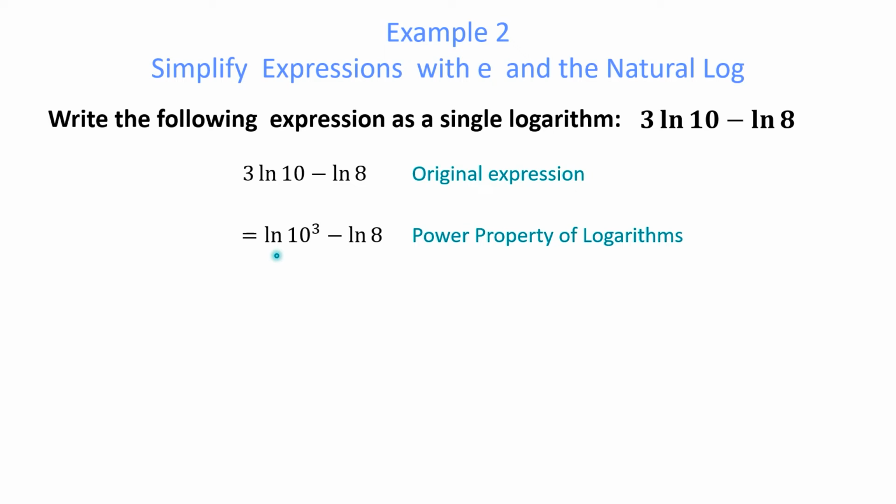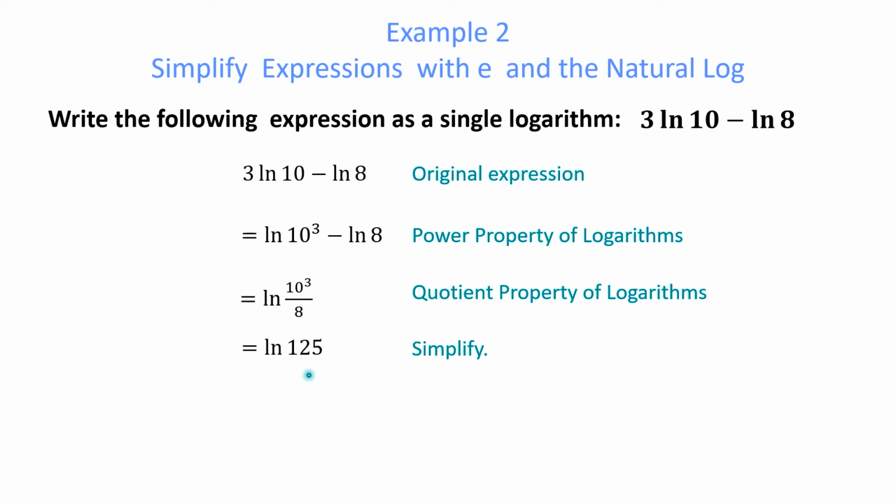Okay? And now, because both these logarithms have the same natural base, we can apply the quotient property of logarithms and rewrite a simplified version over here. So we've taken the natural log of 10 to the power of 3 divided by 8. Okay, and this, what we have over here, can be simplified to 125.